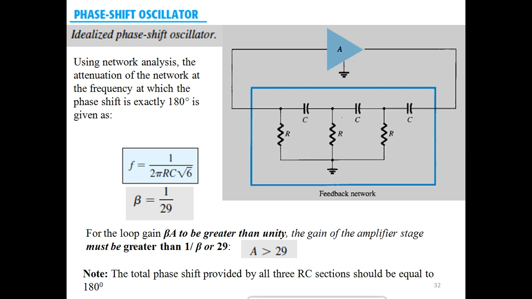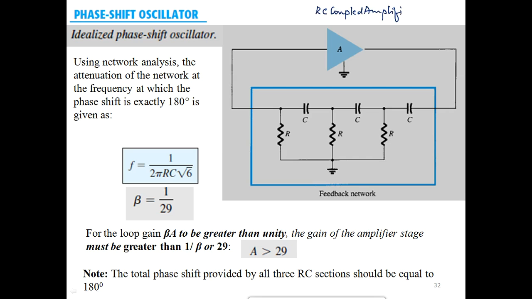So the slide presents the complete circuit of an RC phase shift oscillator. Let us just go through it. The triangular block represents the amplifier as usual. As I had mentioned, usually this is an RC coupled amplifier.